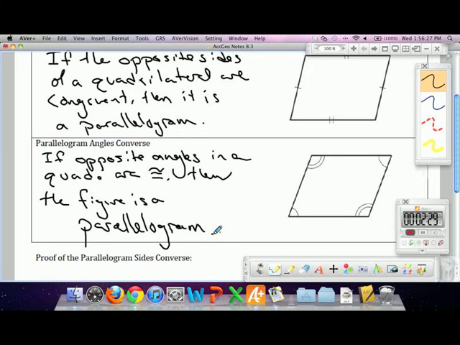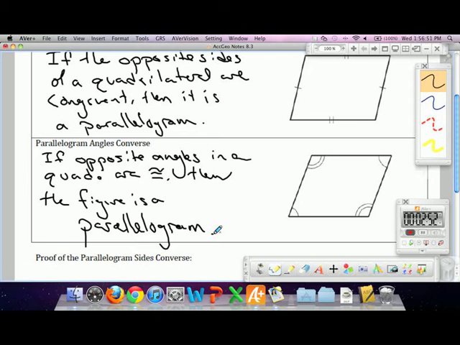What's nice about knowing that it's a parallelogram? What more do we gain just by knowing it's a parallelogram? What else do you know about the sides? What if I already know they're congruent? What is the definition of a parallelogram? Two pairs of parallel sides.